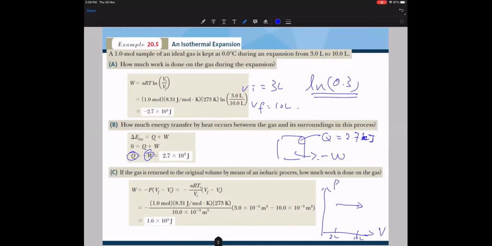First, of course, we need to calculate what the pressure is. We have the initial volume, initial temperature, and number of moles, so we are okay to calculate the pressure. Volume change is known. So in this case, you could find out the work done.